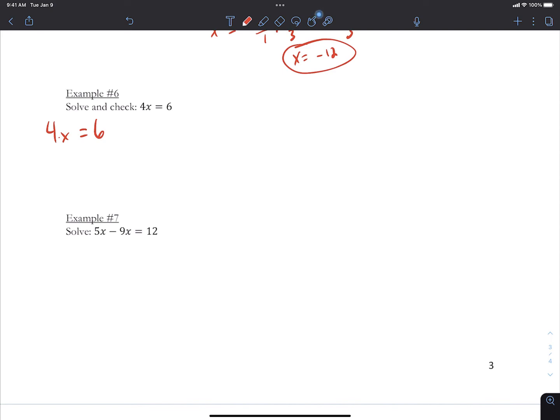So if I have 4 times x, in order to get rid of the 4, I need to divide both sides by 4, because 4x divided by 4 is just x. So this would give me x equals 6 divided by 4, which we could write as 3/2, or in other words, 1.5. Either way.